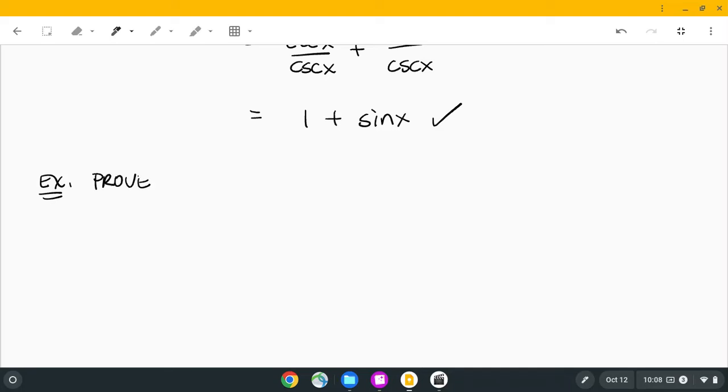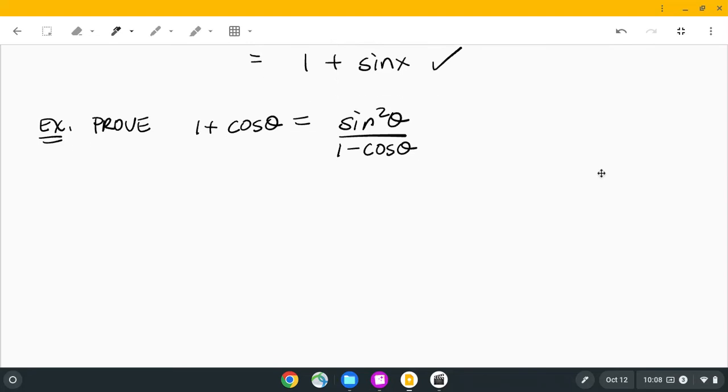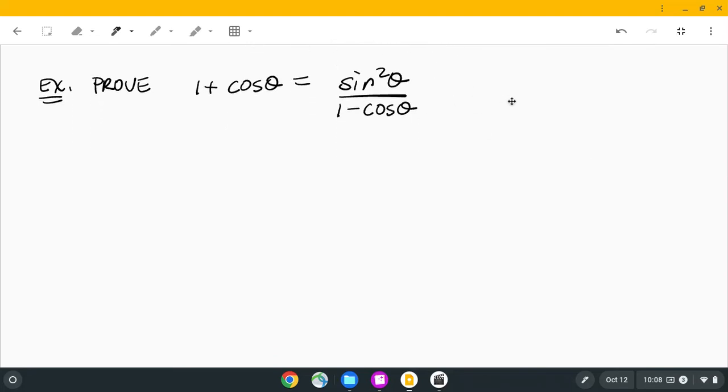All right, let's try this one. Let's go ahead and prove 1 plus cosine theta equals sine squared theta over 1 minus cosine theta. The right side looks more complex to me, so I'm going to choose the right side. So sine squared theta over 1 minus cosine theta.